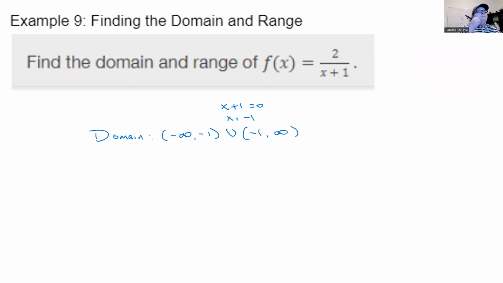There's my domain. My range is what numbers will I get back? So what's going to be represented here on my graph? Well, can we ever have 0?